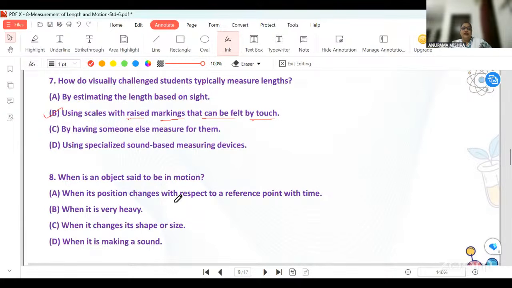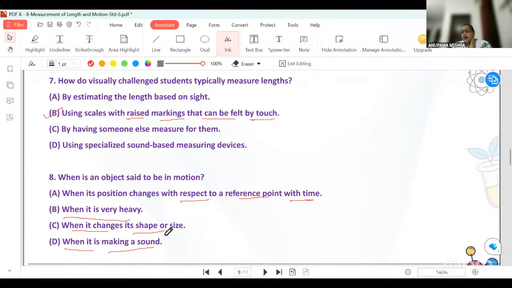When is an object said to be in motion? Now, this I have already explained to you, to whom we say motion. When its position changes with respect to a reference point with time, or when it is very heavy, or when it changes its shape or size, or when it is making a sound. What will be the answer for this?